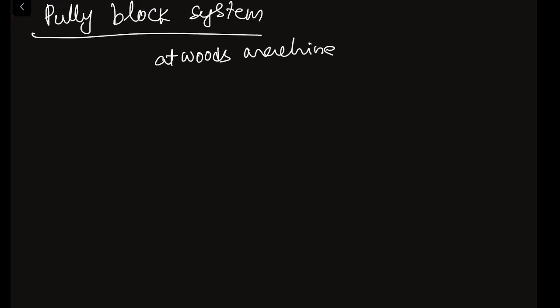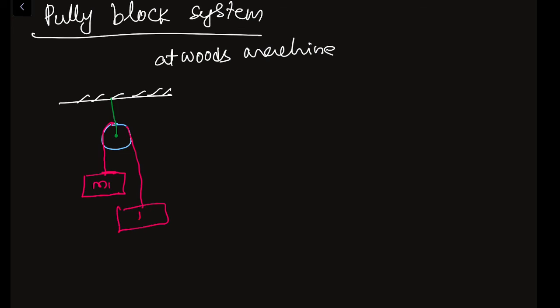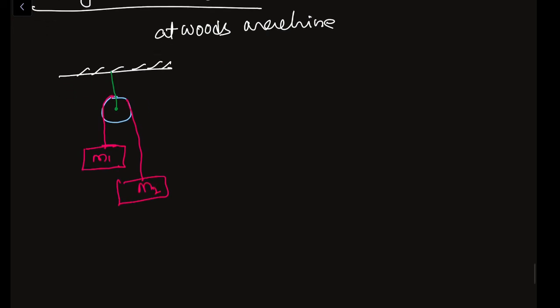In real life we observe this many times. Here this is a rigid support on which we take one pulley, and this is the string. Now we take one string with two bodies, M1 and M2. Got it, children? Here M2 is greater than M1. The condition is M2 is greater than M1.